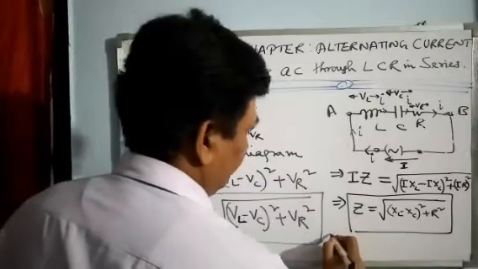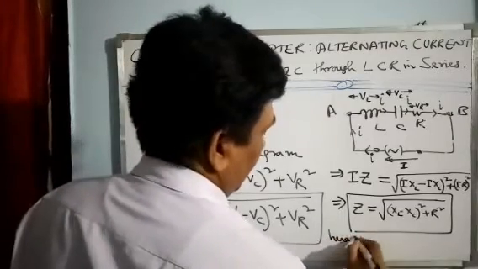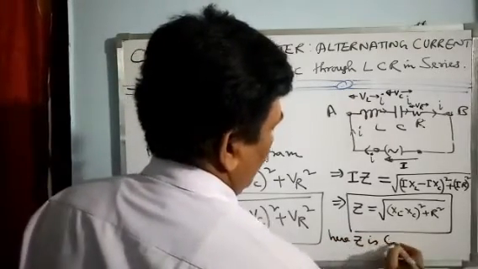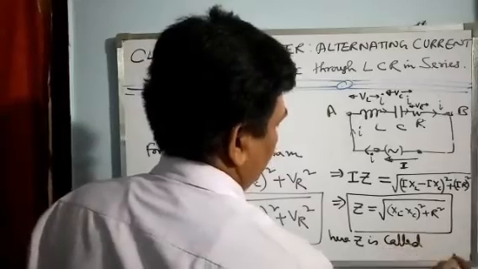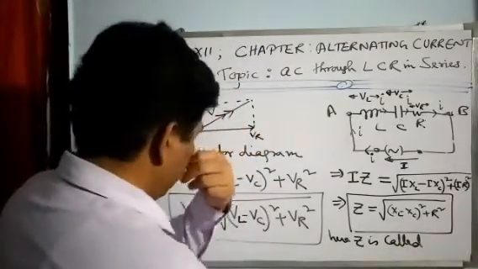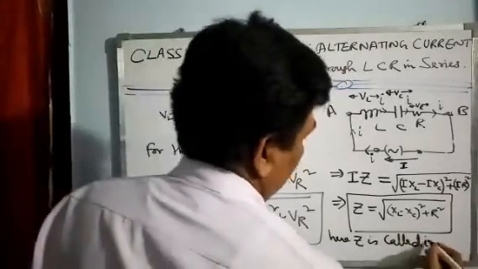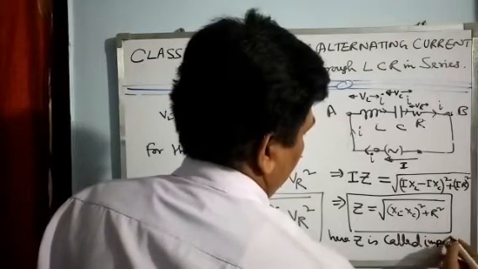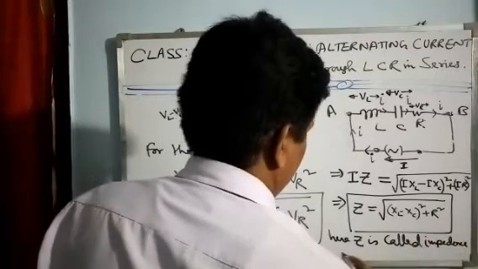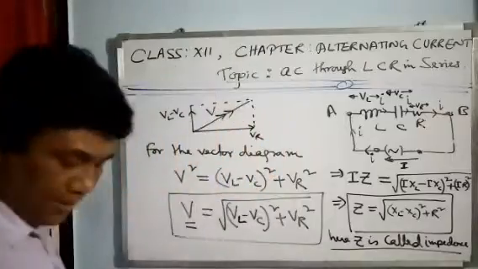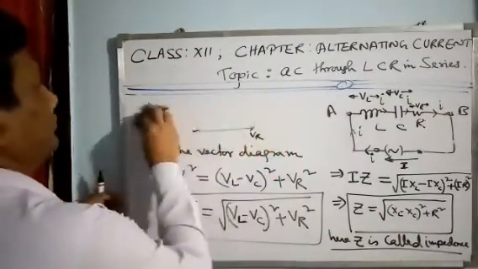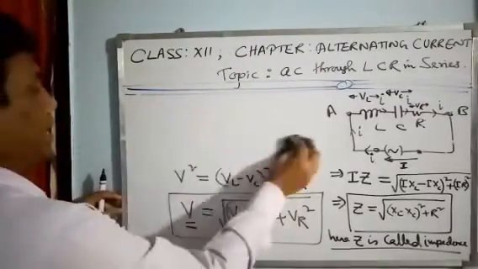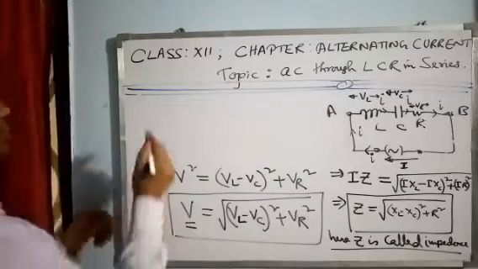Here Z is called impedance. In fact, you can write the definition of impedance also. Write down.